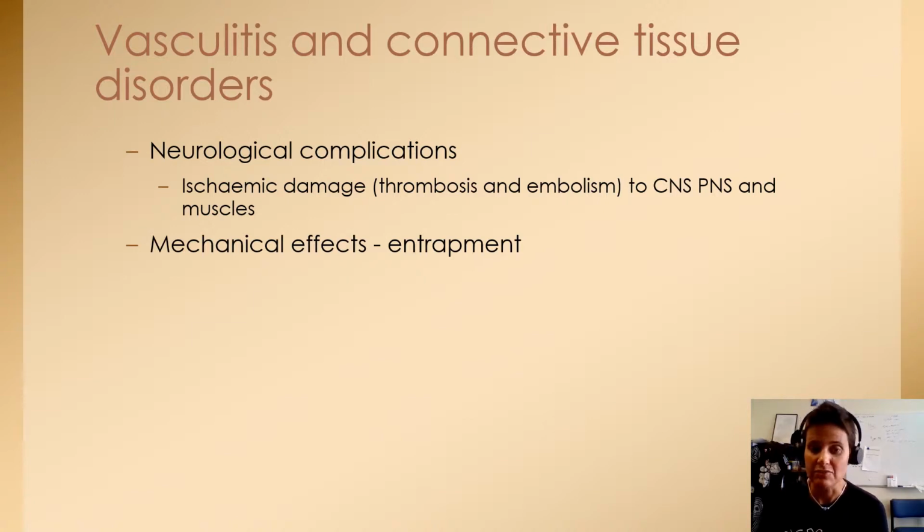Similarly, if your connective tissues are very tight, such as in carpal tunnel syndrome, you might end up with an entrapment. Because everything has got tighter, the nerve itself might not move, which means you end up with something that looks like a neurological condition, but is primarily a connective tissue disorder and is treated by releasing the connective tissue rather than trying to target the actual nerve.